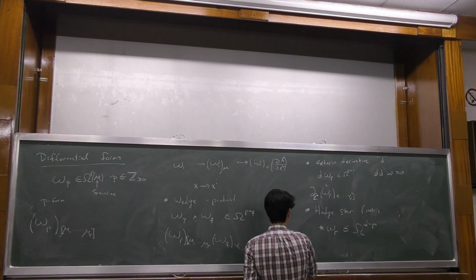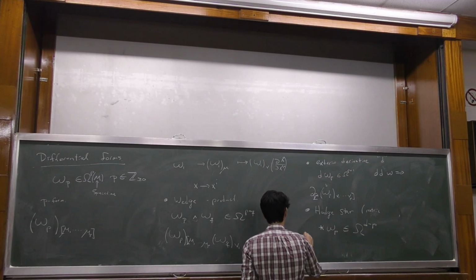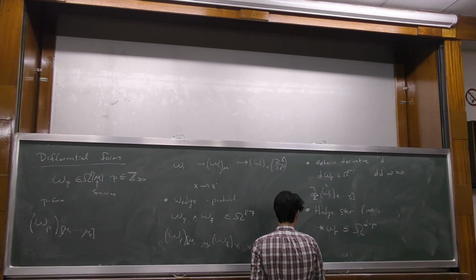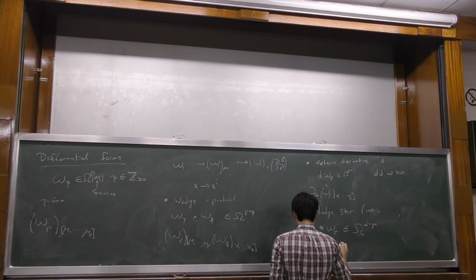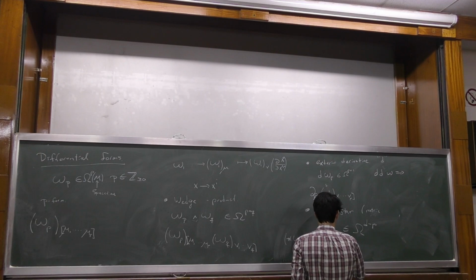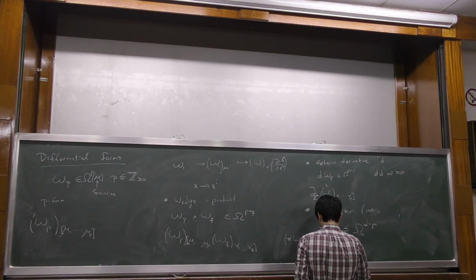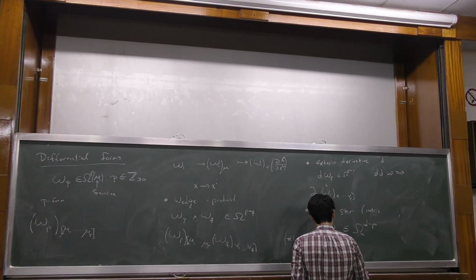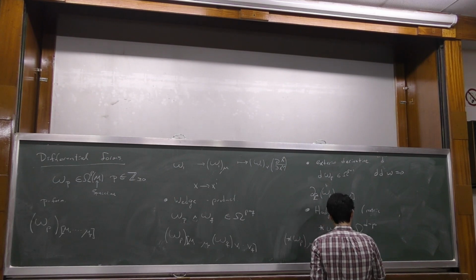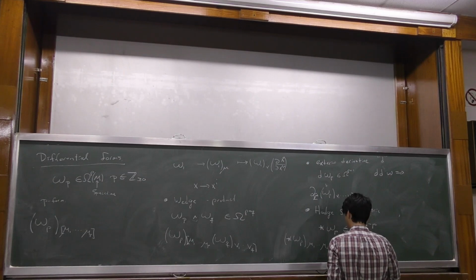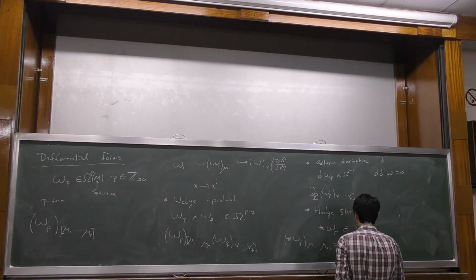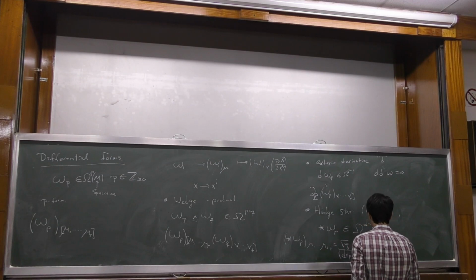So star of the p form, with indices mu 1 through mu d minus p, is square root of g over p factorial, epsilon, with indices mu 1 through mu p and mu 1 through mu d minus p.